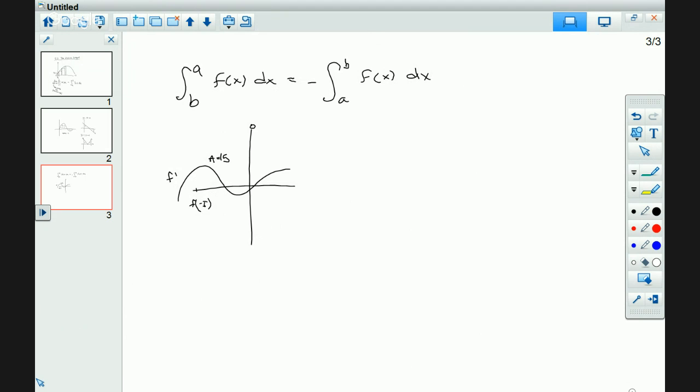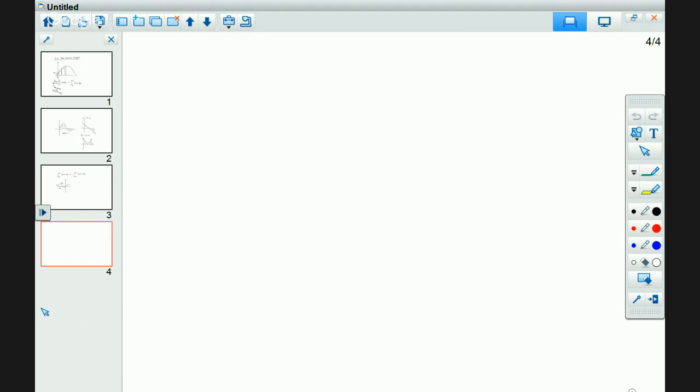Let's see. Remember, you can split integrals up. You can use that to your advantage.